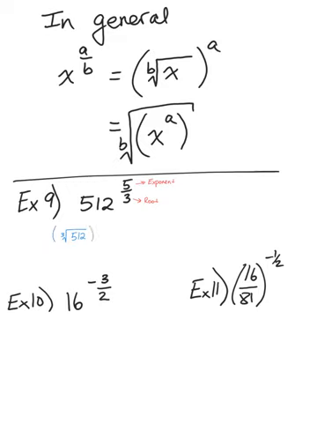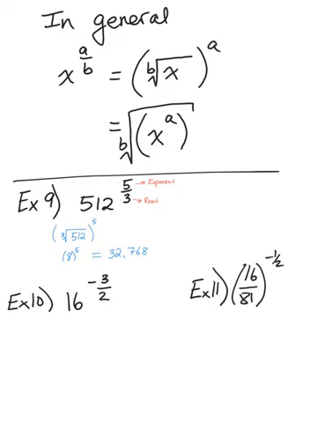And then I will put it to the power 5, because 5 is my top number, that's my exponent. You may use your base chart for this. If you look up the number 512, you will find that it is actually 8 cubed. So the cube root of 512 is actually just 8. And then I still have an exponent on the outside, and again I'm going to use my base chart, and that's going to tell me that my final answer here is 32,768.